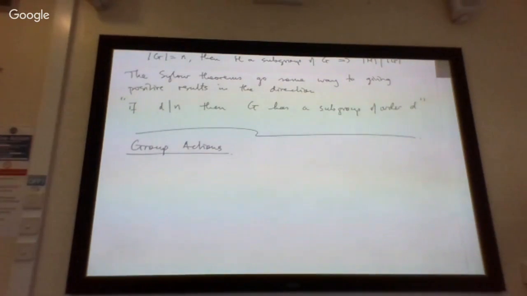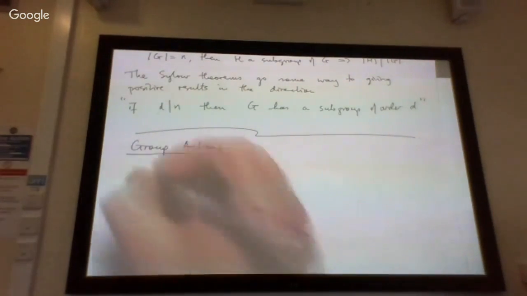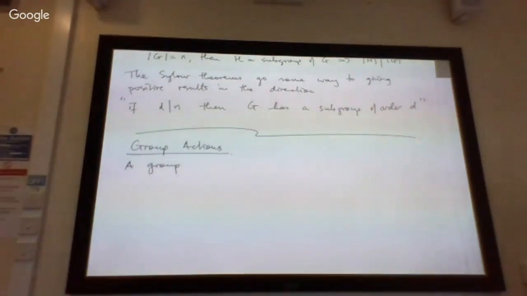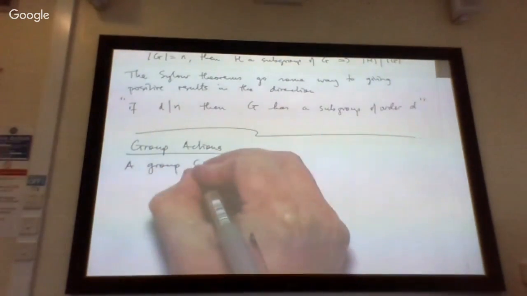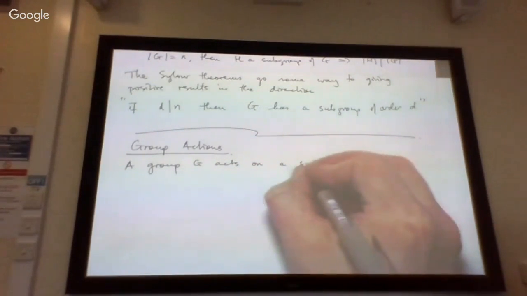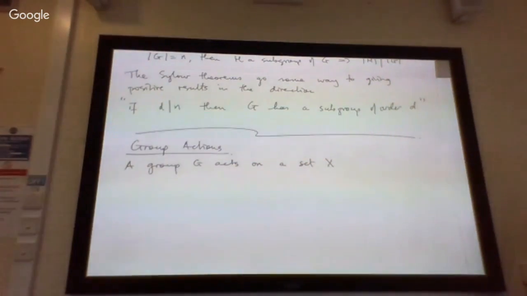Group actions are defined at the start of section 14.1, but just to say in a vague way what a group action is: a group G acts on a set X. Now what's this set X?